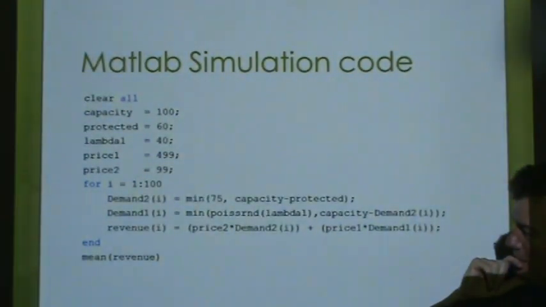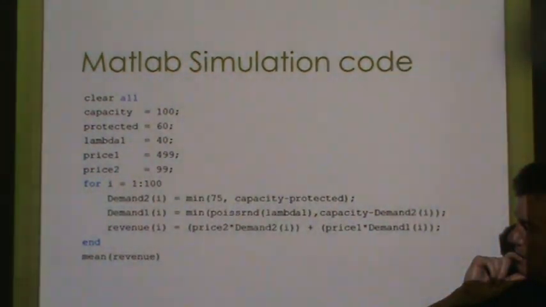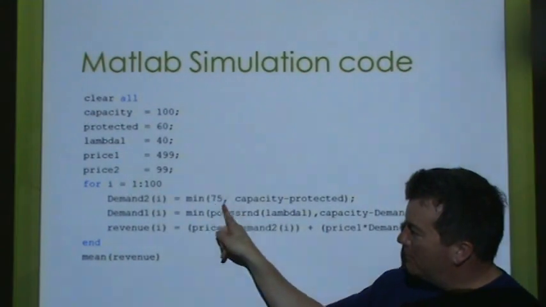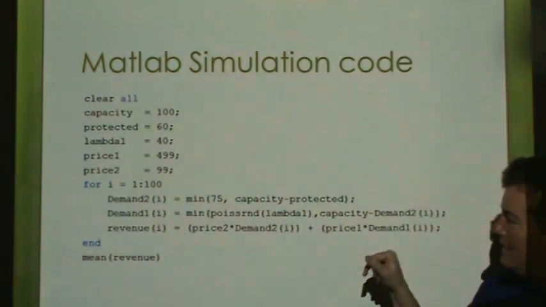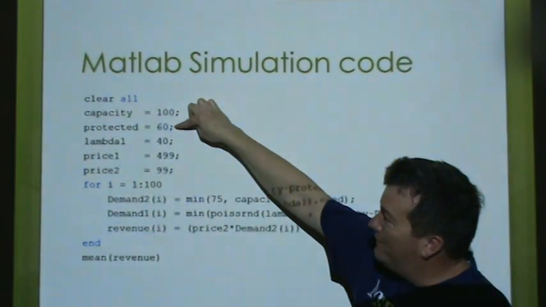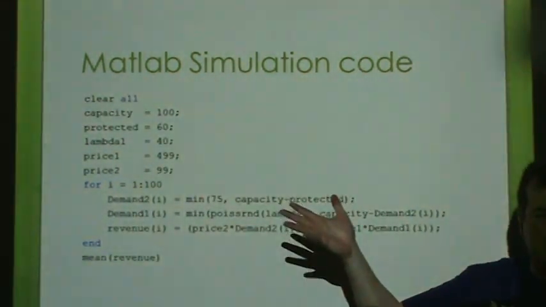Would the value of protected change as well when you change demand 2? Well, one part is to change the 75 to Poisson 60. Then the other one is, I'm giving you 60 as a starting point, but maybe 59 is better, or maybe 61 is better.